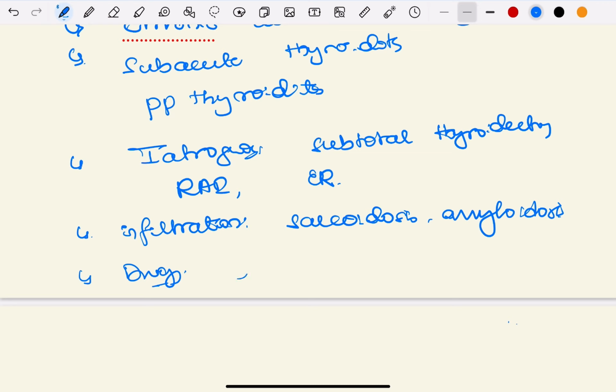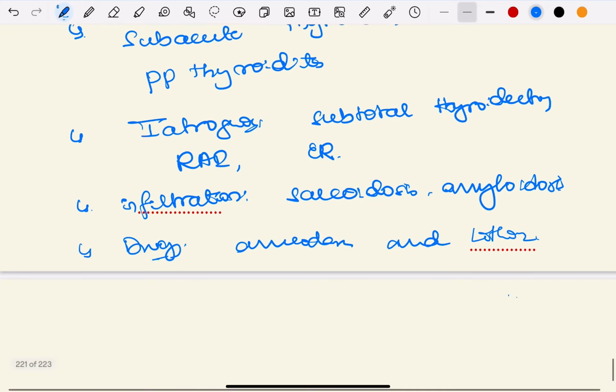So I already told drugs: amiodarone and lithium. And also sulfonamides, sulfonylureas, iodine, all these cause subclinical hypothyroidism.